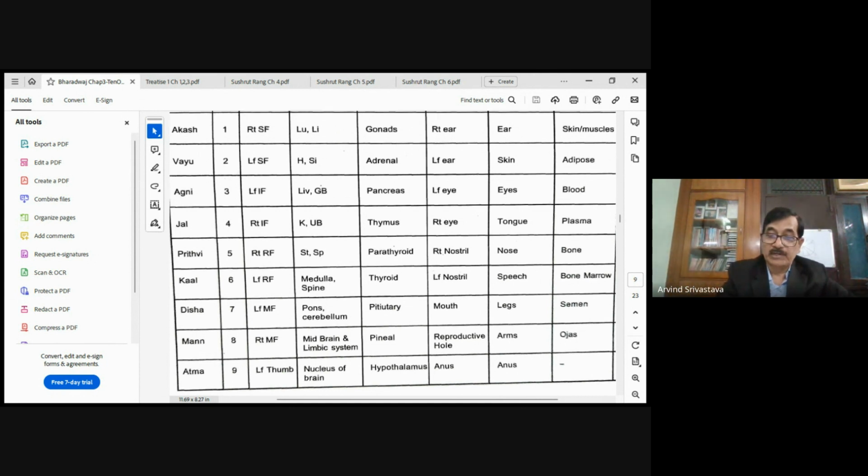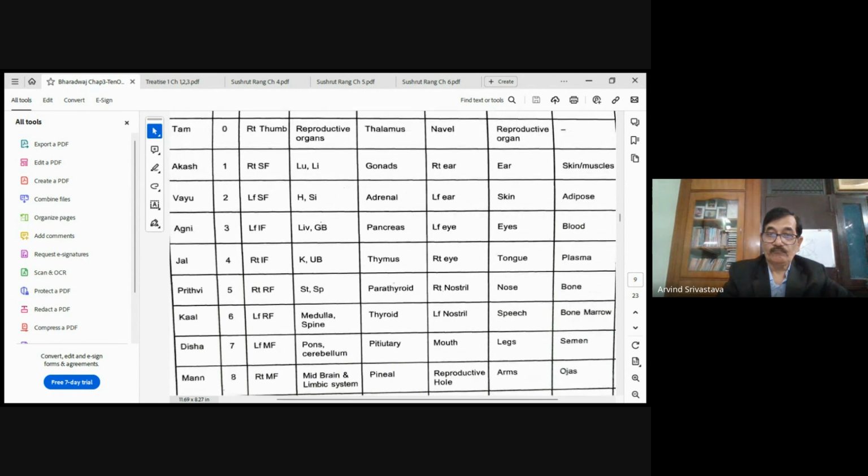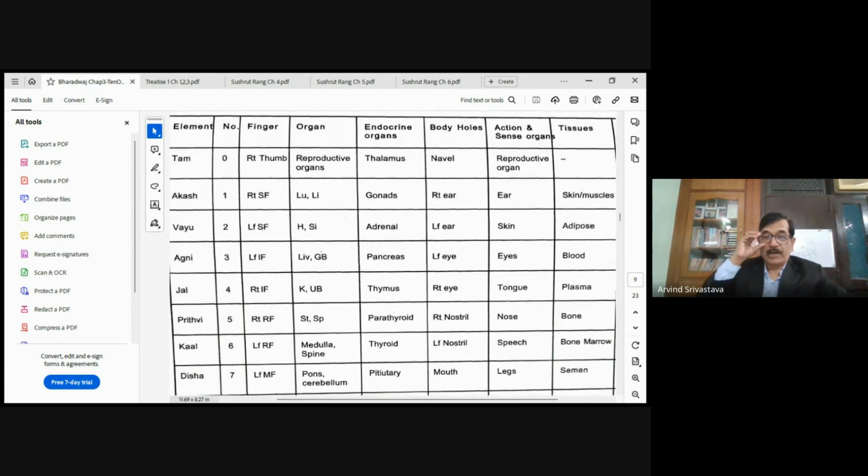Okay. Now we come to the other one, endocrine. Now Akash, what is Akash doing? It is so pervading, so scattered all over, covering the whole of the cosmos. So its extension is too much. Just compare what gonads are doing.